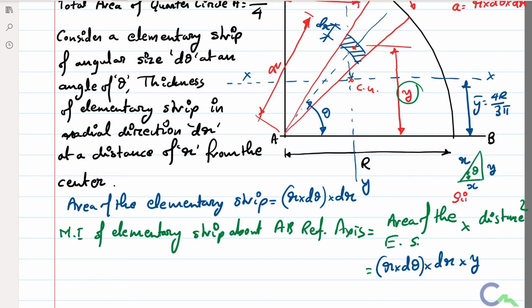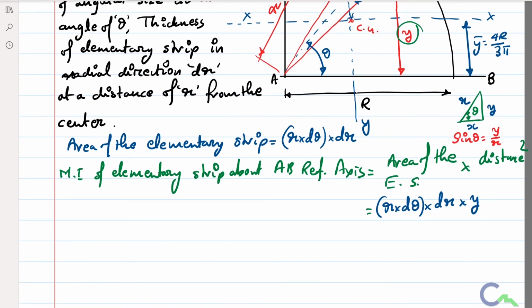I can write sin theta is equal to y by r, therefore y is equal to r sin theta. So I substitute here: r d theta dr into r sin theta, and this will be distance square, therefore y square, which is r square sin square theta.